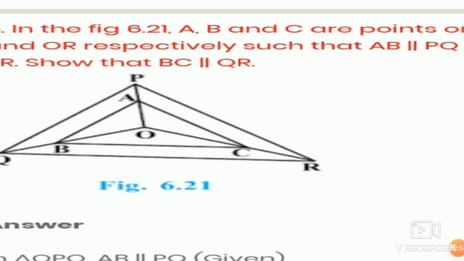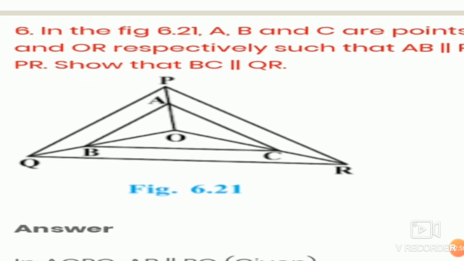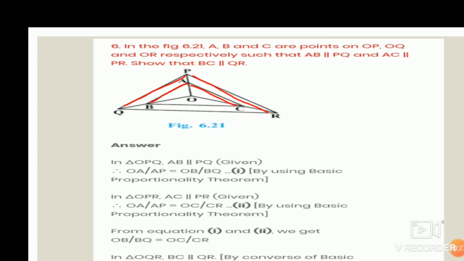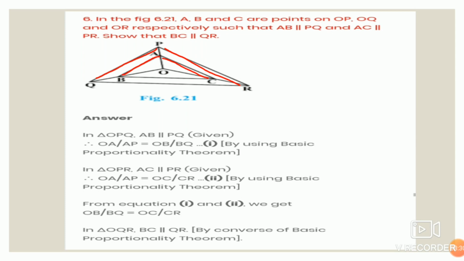If we focus on this diagram, AB is already parallel to PQ, so we can use the basic proportionality theorem in triangle OPQ. Also AC is parallel to PR, so we can use the same theorem in triangle OPR. If we do it, we will get the two equations 1 and 2.